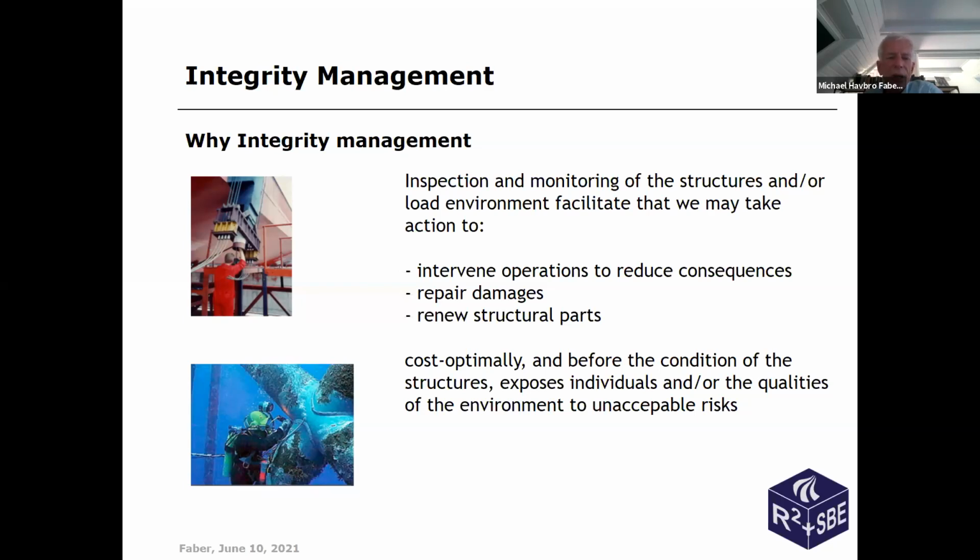We can also adequately and efficiently repair damages in the best possible way at the right times, before things become too expensive or before further damages occur. And if we need to, we can also simply make decisions on renewal of structural parts. And we would like to do that cost optimally, before risks to personnel and environment and costs are becoming excessive and beyond acceptable limits.